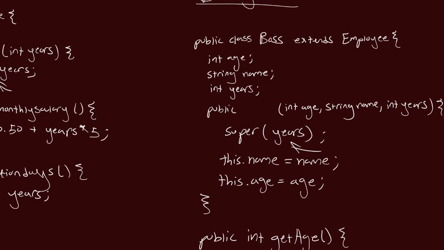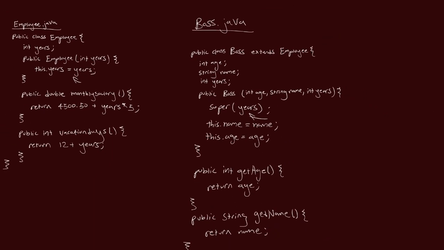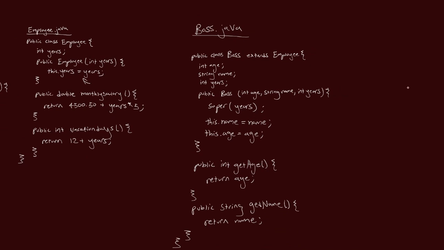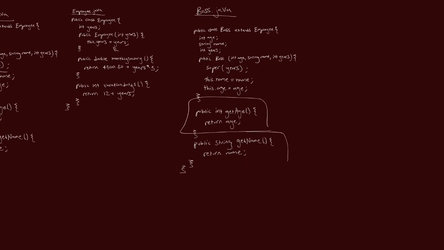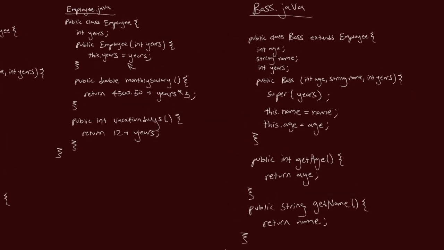This is supposed to be public boss. So we're going to get the boss's age, their name, and the amount of years they worked at the company. And we're obviously going to get their age and name, but we're going to get something else as well. The boss's salary is going to be a lot higher, and they're going to have more vacation days.